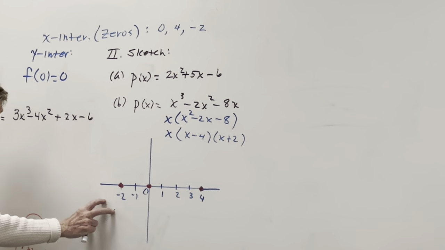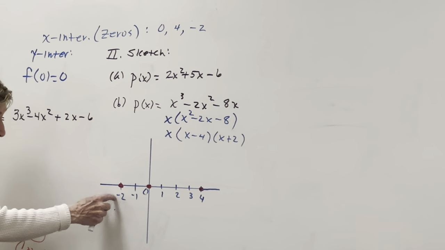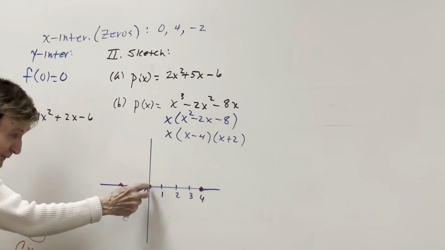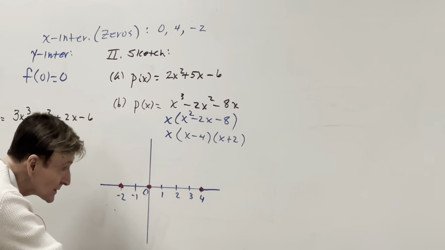I don't know yet. It's going to cross here, go up a little height, come back down. I don't know how high it's going to go unless I plot points. It may drop way down here, then come back and pick up 4, and then go on above. It may look like that.